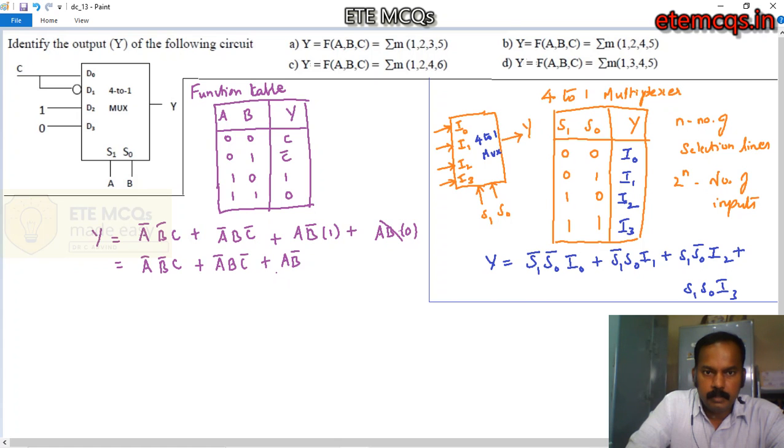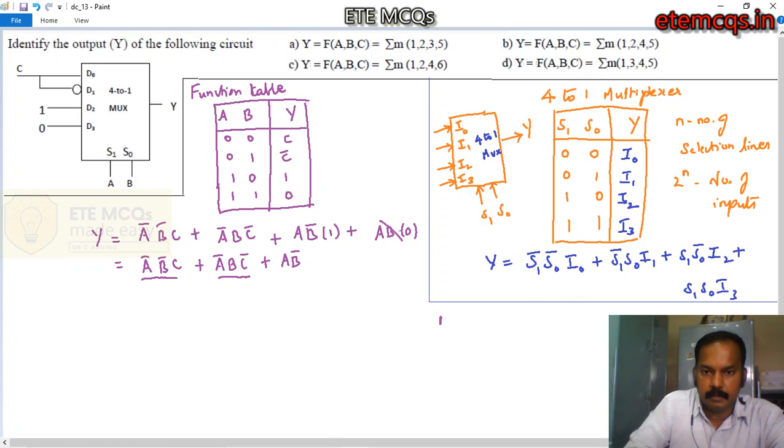Now, in order to get the equivalent, the function output should be completely expressed in terms of min terms. I can notice that this one is a min term, this is a min term, this is also a min term. A min term is nothing but all the variables should be available in the product term, either in its actual or complemented form.